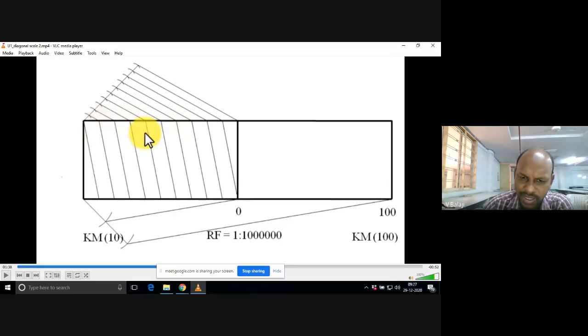Now you can even number it from right to left. 0 here, right? 10 kilometer, 20, 30, 40, 50, 60, 70, 80, 90. Understood? There are 10 divisions. Each division is equal to 10 kilometer. Total how many kilometer? 100. Very good. Now you understood up to this, right?